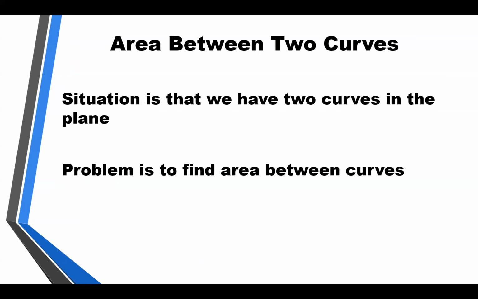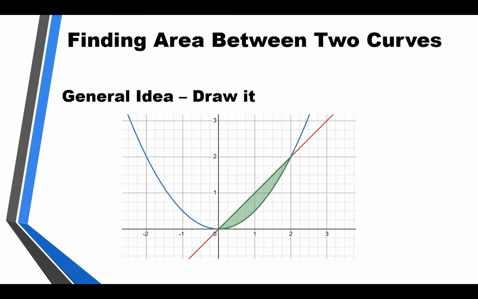So the situation is that I have two curves in the plane, and I want to find the area between them. Now, we found signed area using the definite integral. We've done that earlier, probably in a Calc 1 course. So now we want to find the area between two various curves.